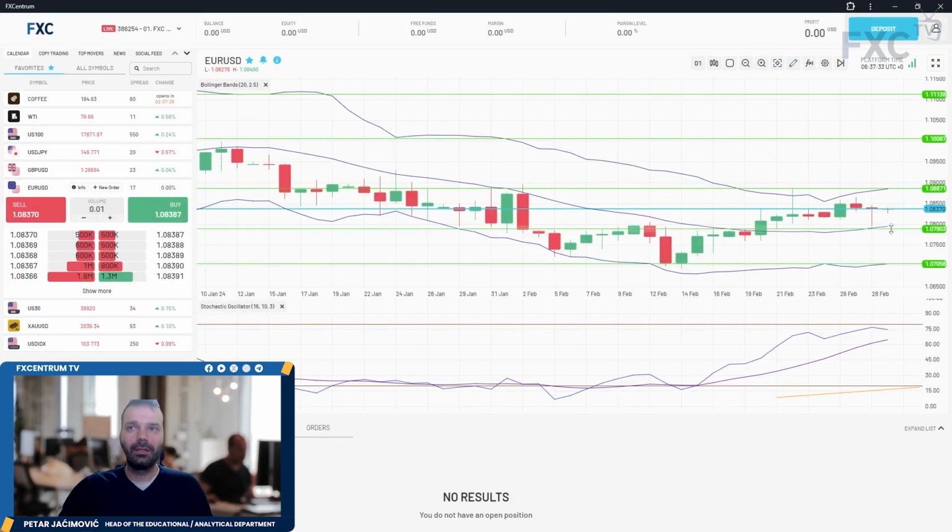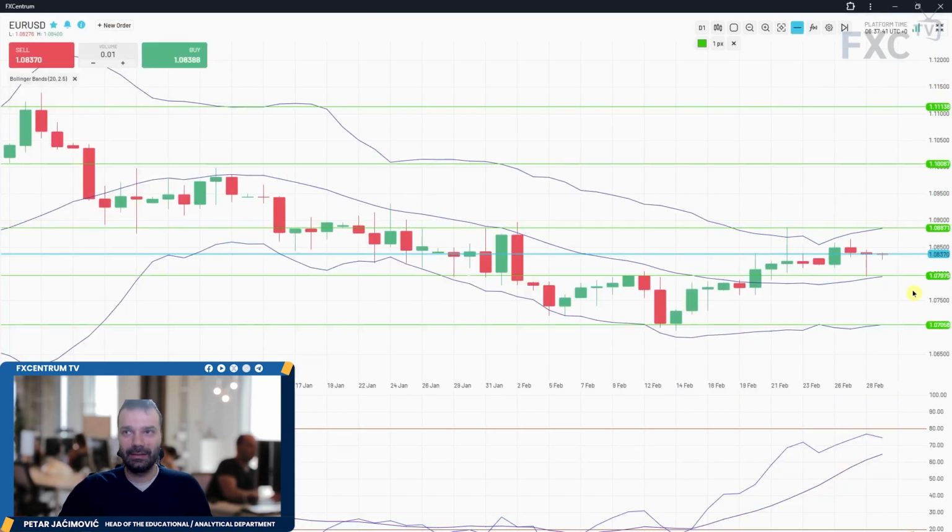Now we have euro dollar, which did pretty much the same thing. Rejection of the middle Bollinger Band, 1.0797. We can see that we had this two-day pullback, which is this area here, and from my perspective it's pretty similar to the pound.